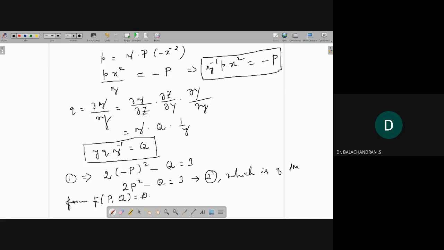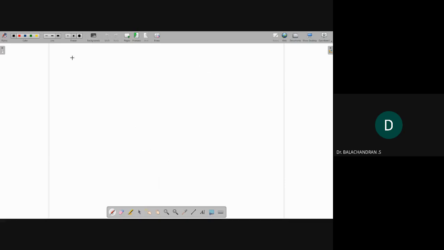So first we will find the complete solution of equation 2. What is the complete solution of equation 2?